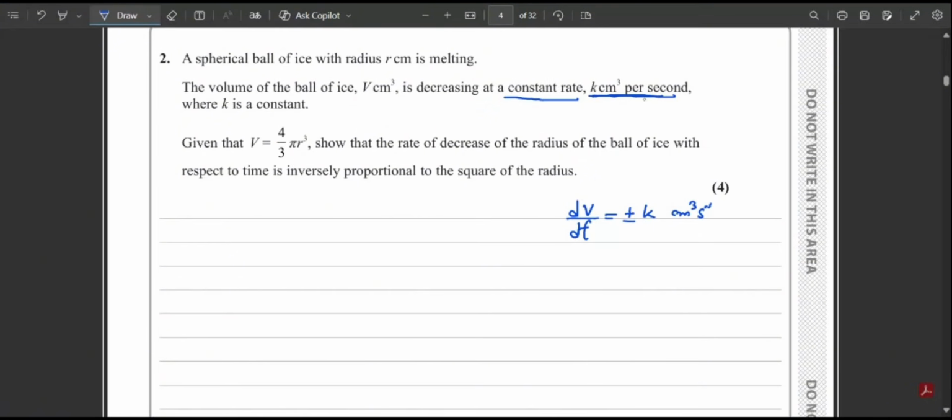As the constant rate is k centimeter cube per second, we do not know whether or not our value of k is positive or negative. We need to make sure that our value of dv by dt is negative. That's why we are giving a plus and minus sign here, because if the value of k is already negative, we will use the plus sign, and if the value of k is positive, we will use the negative sign before that. And this will give us a negative dv by dt.